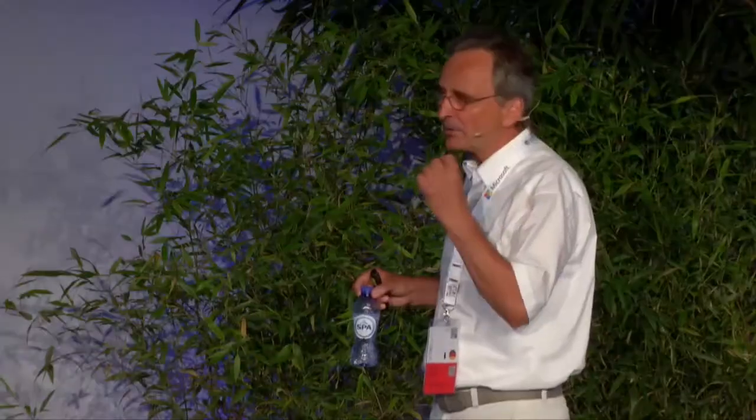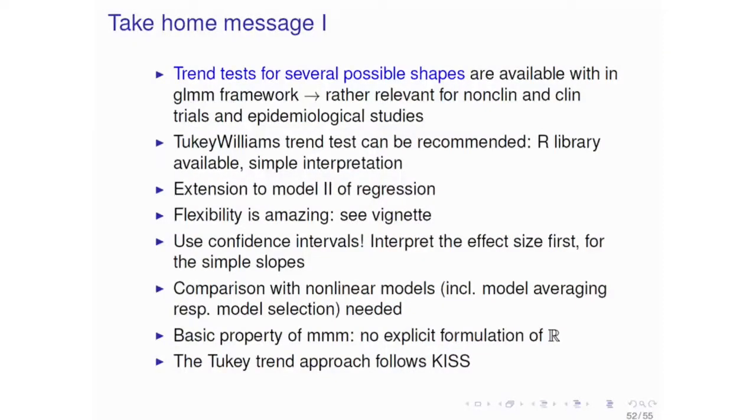And remember this talk, the basic property of multiple marginal models is you can formulate a lot of things based on marginal models, and you must not formulate explicitly the correlation matrix. This is painful. And the last comment is this approach follows KISS. Keep it simple, stupid. I think it's important.